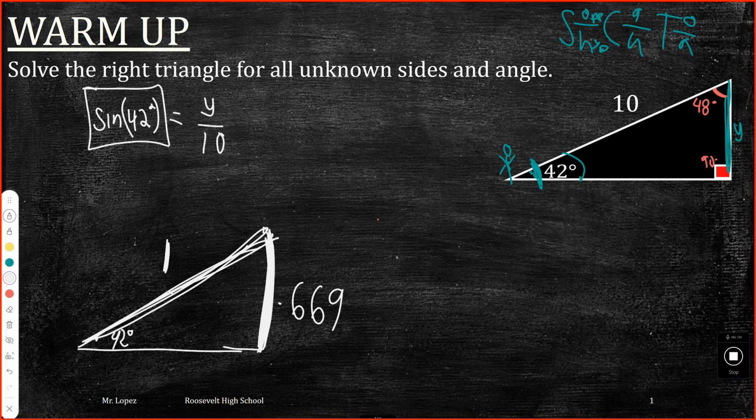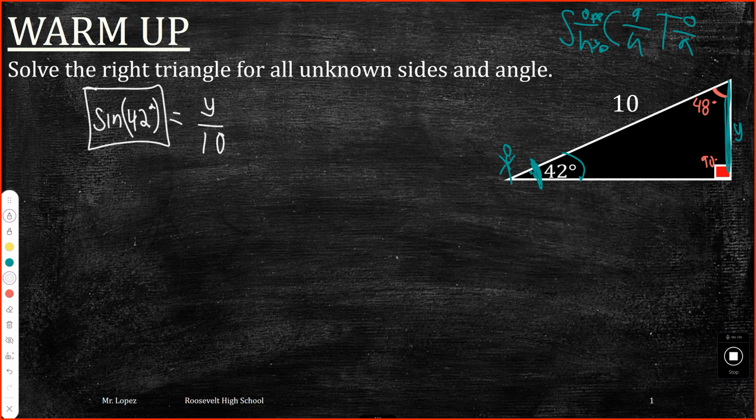No matter what, if you have another little tiny triangle with 42 degrees, the ratio is 0.669 to every 1. If you divide this by that, it gives you that ratio. That's all that's saying. Not really that hard.